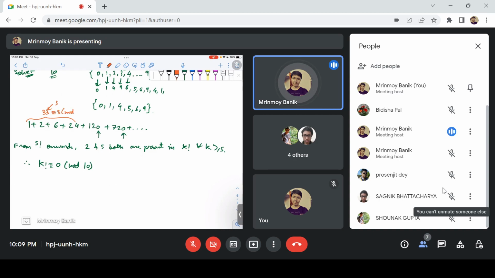So 33 is congruent to 3 mod 10. Therefore, the sum over k factorial, k running from 1 through n, is congruent to 3 mod 10.